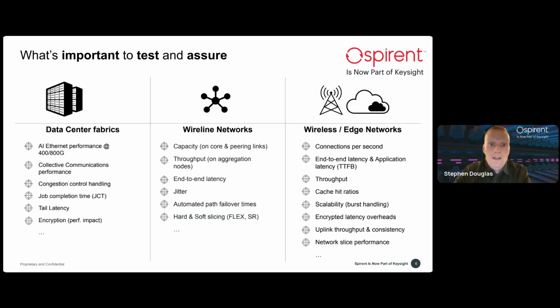Similarly, as on the wireline networks, encrypted latency overheads must be validated to make sure they don't degrade experiences. But also uplink throughput and consistency is absolutely critical for multimodal data feeding the AI models. And of course, validating things like 5G network slice performance and quality of service to make sure that the AI workloads are guaranteed alongside other services. So there's a huge array of areas that need to be tested if you're going to deliver these types of services.